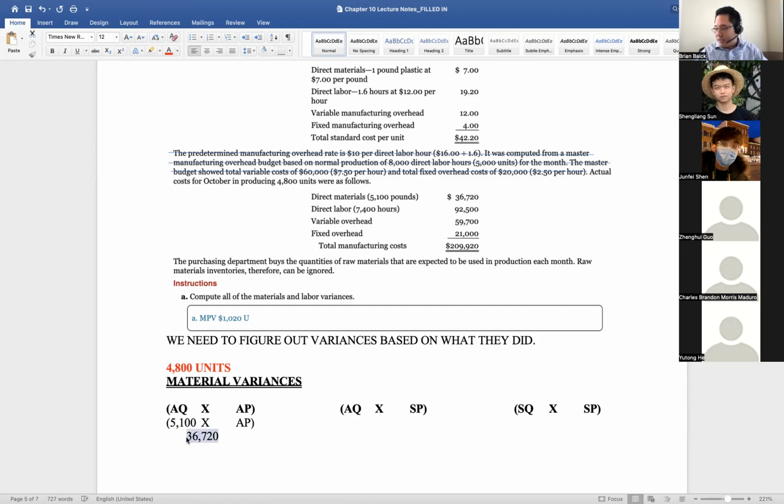Can't you just take 36,720 divided by 5,100? That's $7.20, because if I take 5,100 times 7.20, it's 36,720. Anybody have any questions on where I got these numbers from?